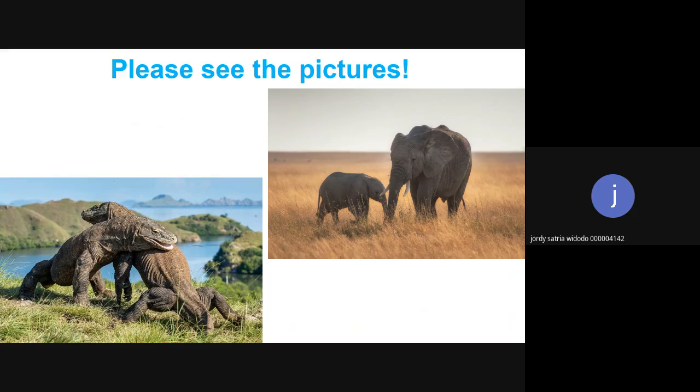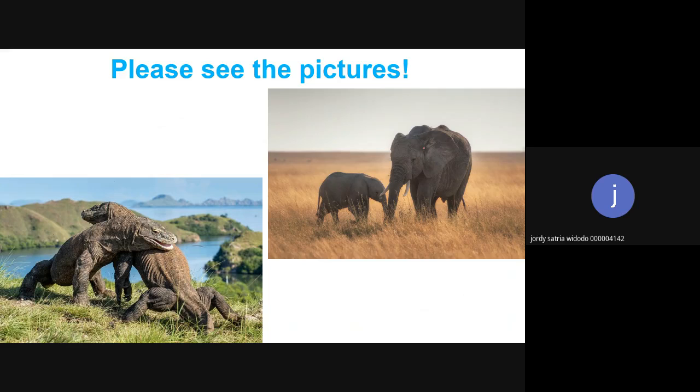For instance, Komodos, the big lizards coming from the prehistoric period, have been protected by the government since their numbers have been decreasing throughout the decades. And then the African elephant is very big. I think it is the biggest elephant in the world.